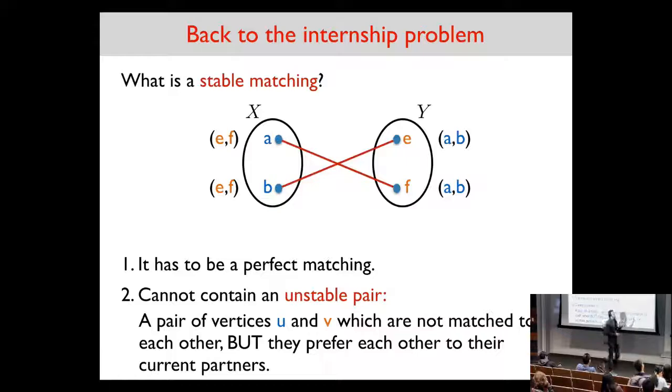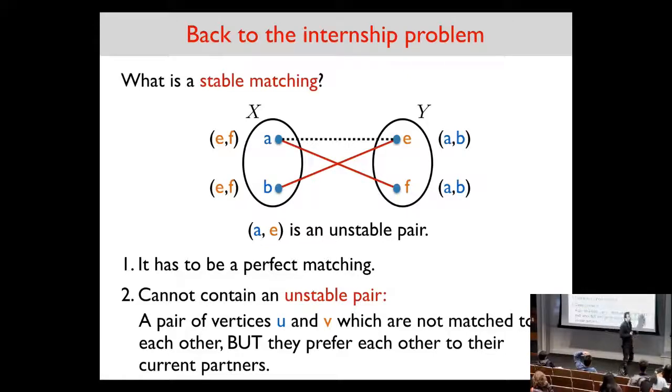So this is a stable matching, but if I change the matching like this, it's still a matching, but there is an unstable pair here. What's the unstable pair? A and E. If you look at A and E, A prefers E over F, and clearly E also prefers A over B. So A and E prefer each other over their current partners.